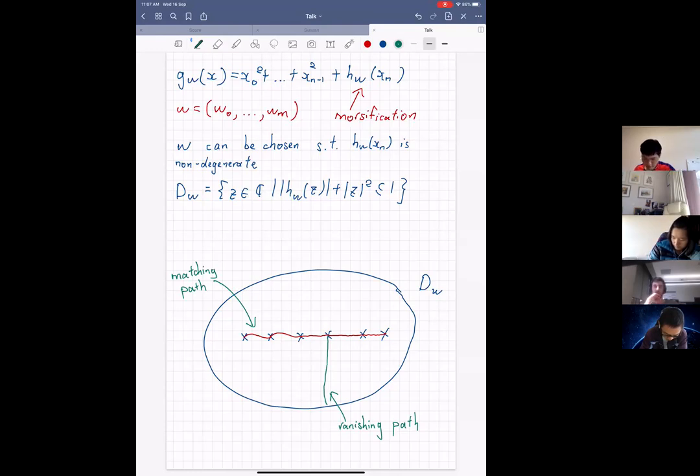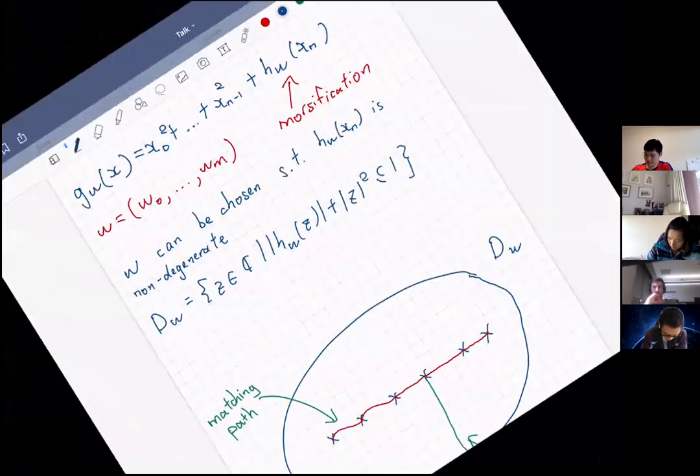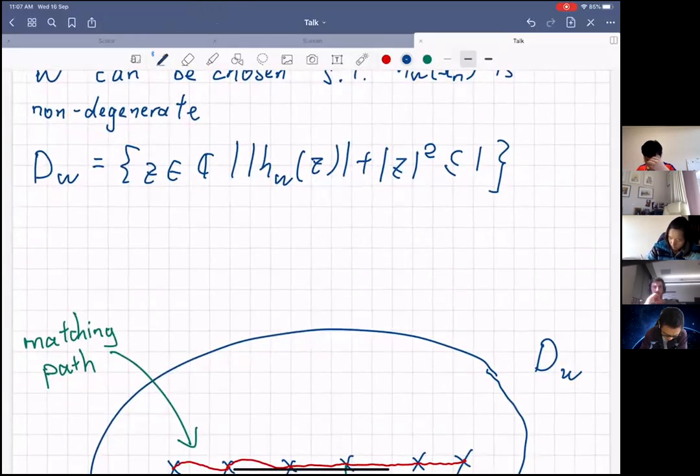So first of all, let me turn it. So okay, you look at the inverse image of this polynomial.